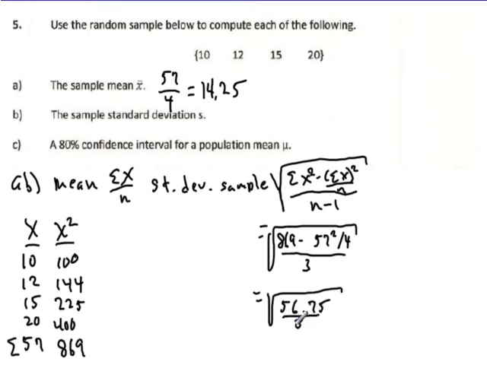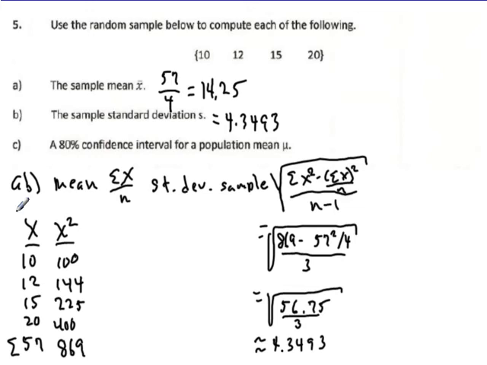If you divide next, we should divide before taking the square root. Divide 56.75 by 3, then do the square root. We'll get an answer of approximately, and I'm going to round to 4 decimal places here just to be safe, because we're going to use our answer in part C, of 4.3493. So our sample standard deviation is 4.3493.